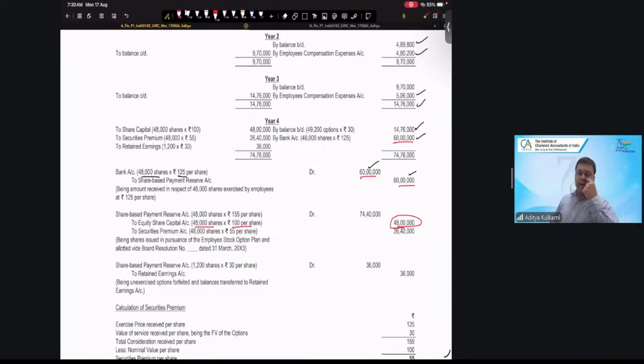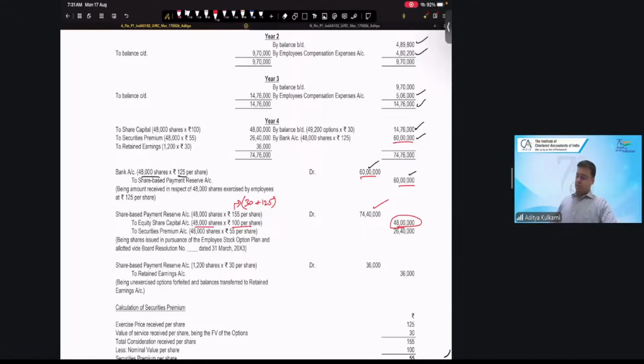Now, when I look at my SBP reserve, it has 30 rupees, which was the fair value at the grant date, plus 125 rupees exercise price. Yes or no? So SBP reserve 48,000 into 155 per share, 74 lakh 40,000 debit, because now SBP reserve is getting utilized.